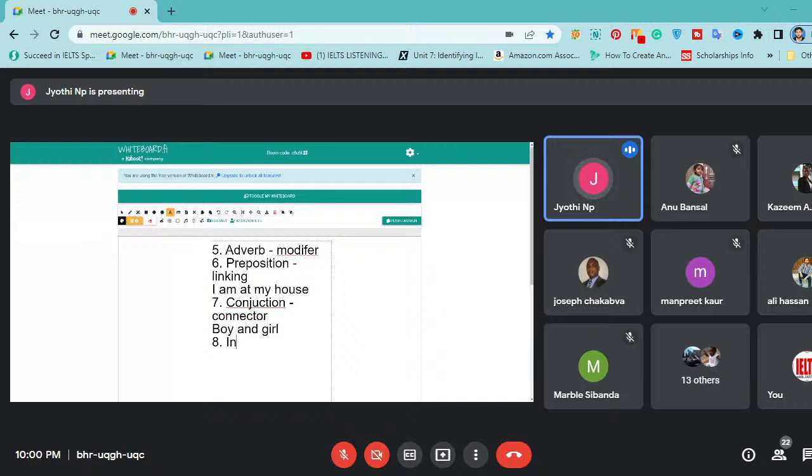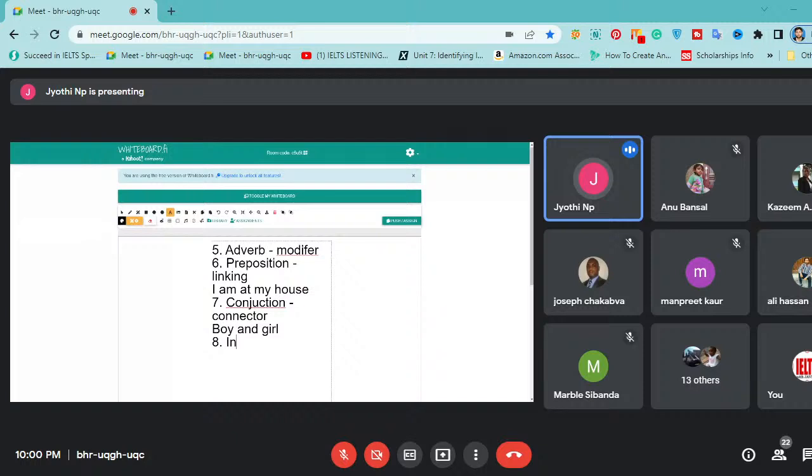Okay. So here now, a pronoun is actually used instead of a noun. The types of pronouns we have are personal pronouns, then relative pronouns, then reflexive pronouns.